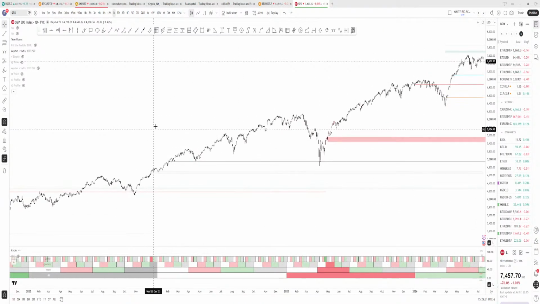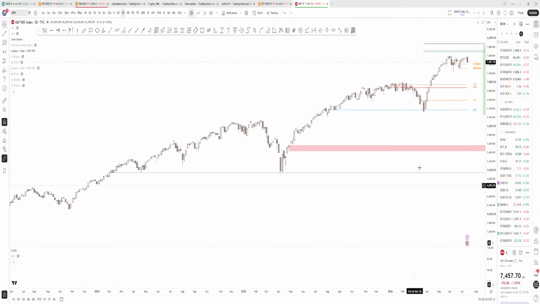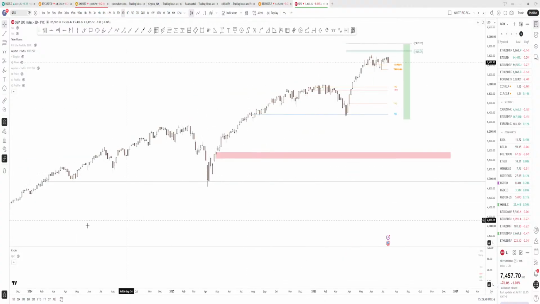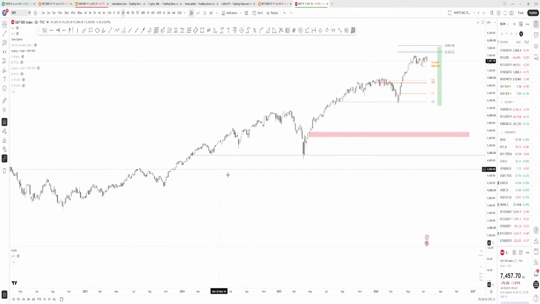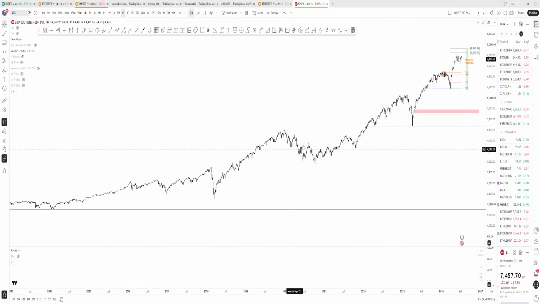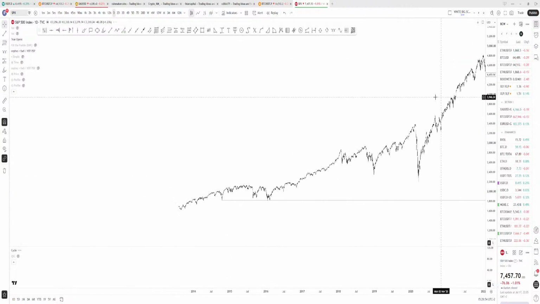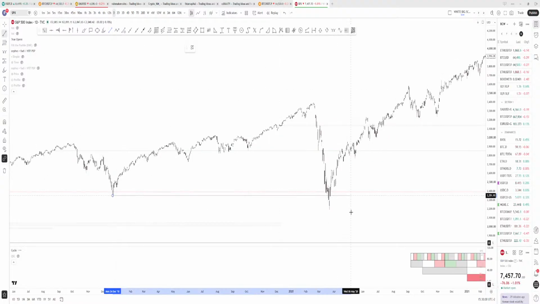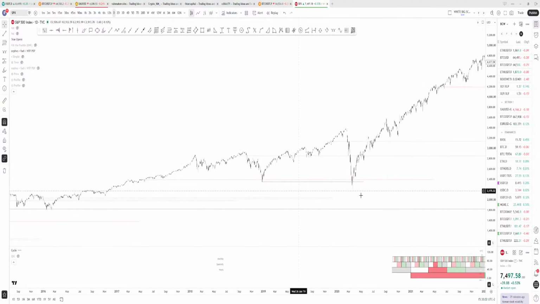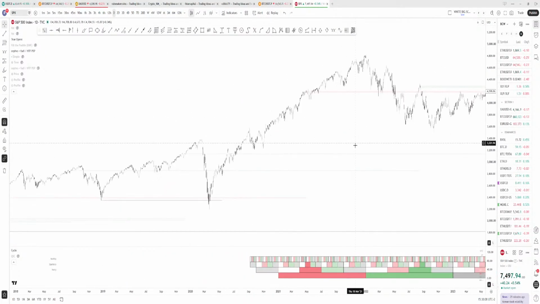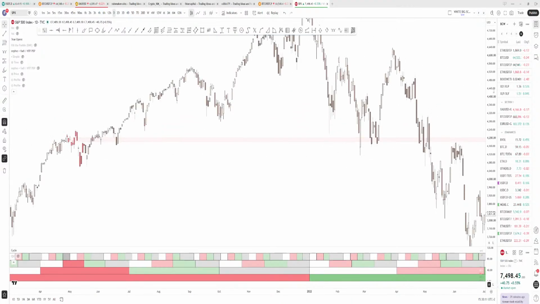Let me check which other levels are here. We can go on 3-day as well. Don't see anything here at this moment. This was the COVID, right? Let me check if we thought everything about the COVID. What COVID did is we swept this low, so this was a perfect drawn liquidity there, and now there's this level as well, which was quite nicely respected.